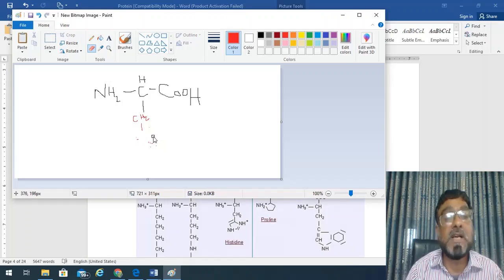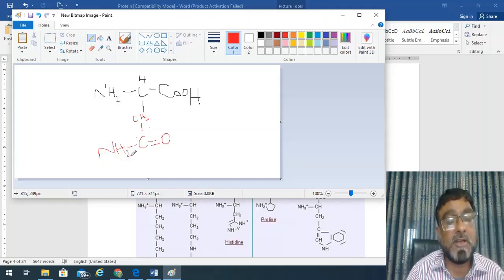So properties have been changed. So what is the amide group? C double bond O NH2.